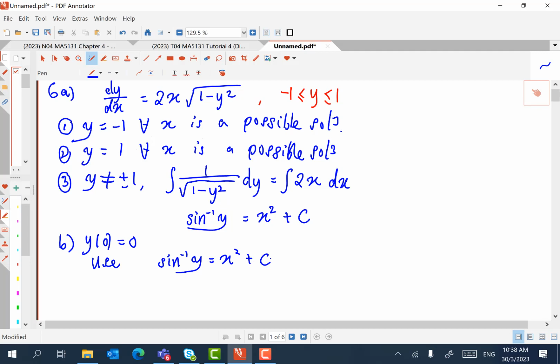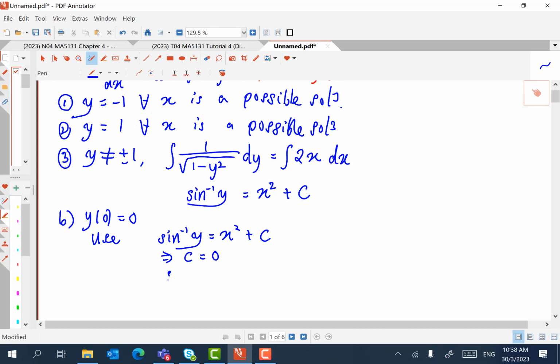Given that y(0) is 0, your c is equal to 0. So your solution is this particular solution.